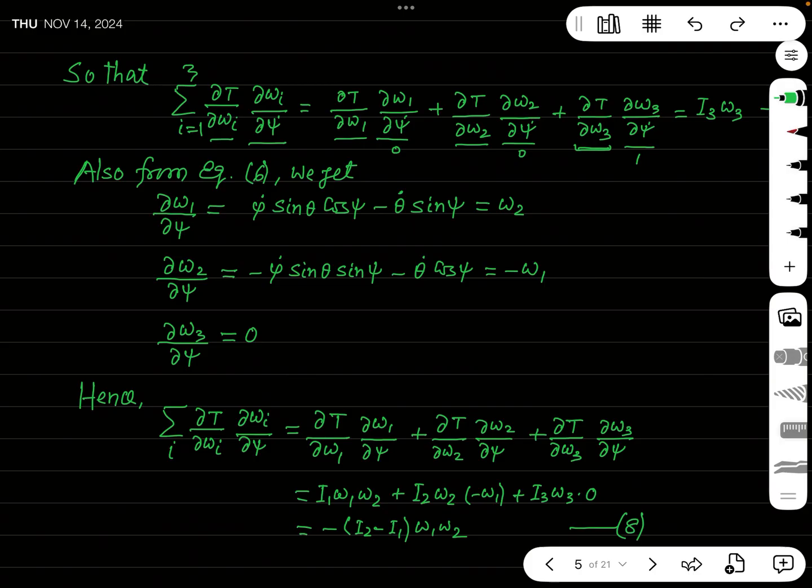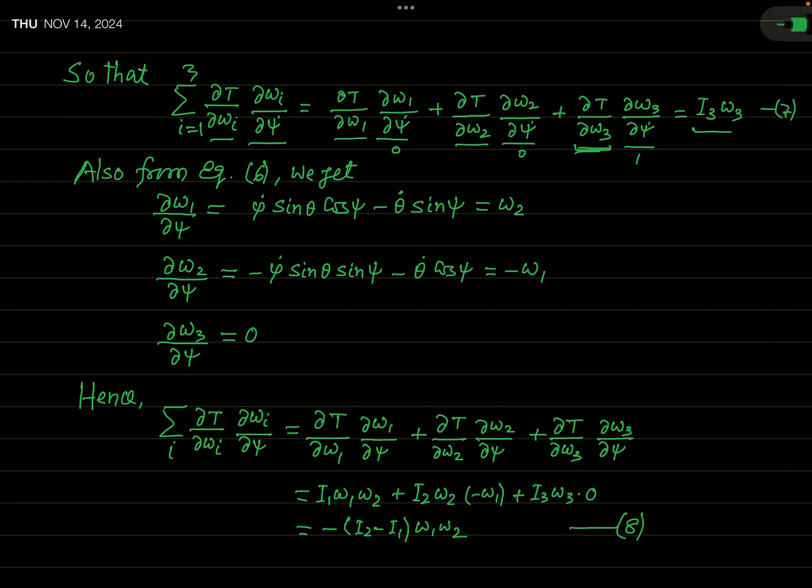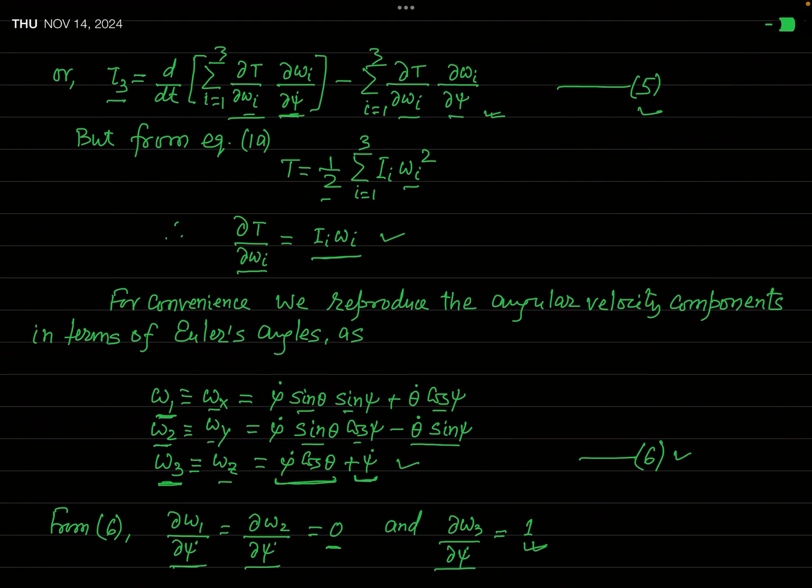Okay. So this del T by del omega 3 will be equal to I3 omega 3. In this way, we have obtained this term, not the first term, but the bracketed term.